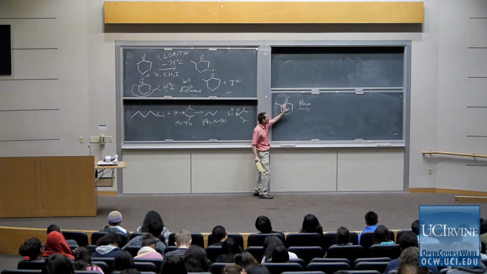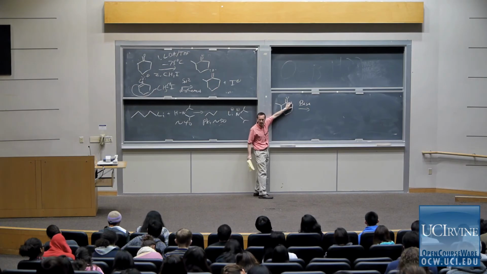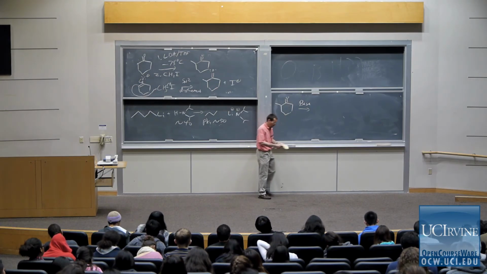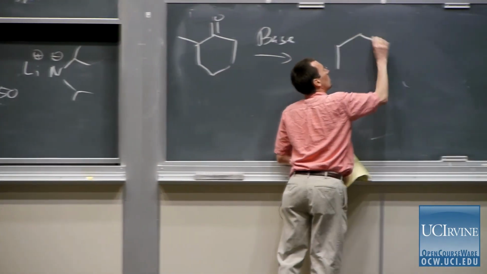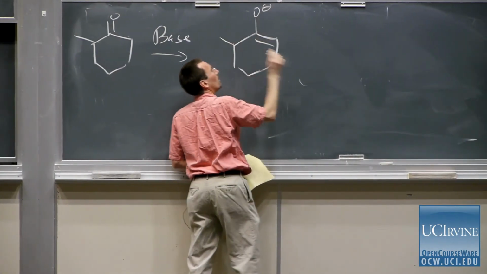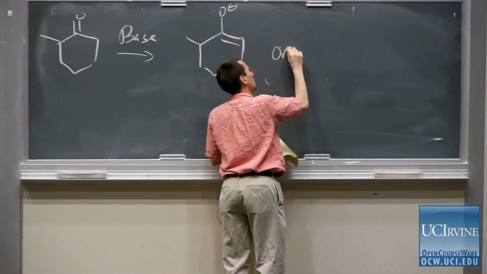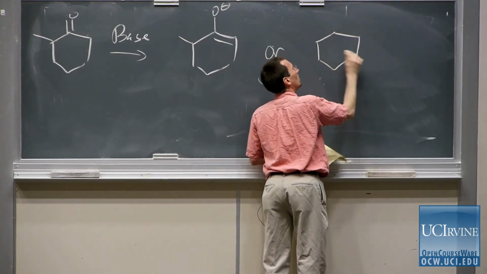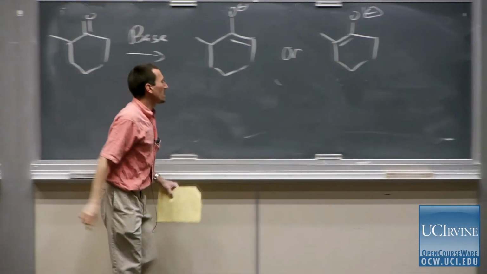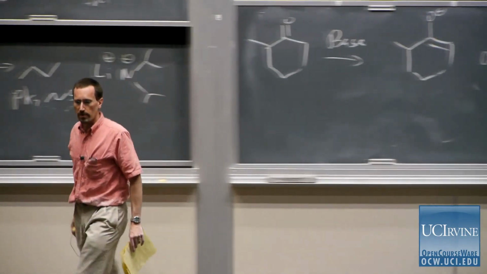We've got alpha protons that are opposite the methyl and alpha protons that are next to the methyl. In other words, we can get this enolate, or we can get this enolate. The less substituted enolate or the more substituted enolate.